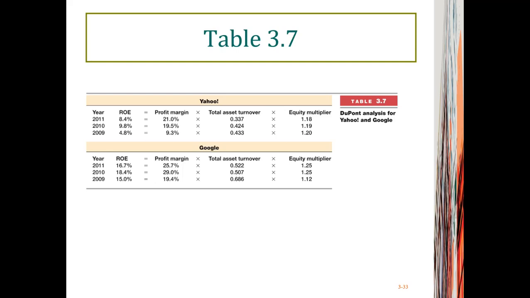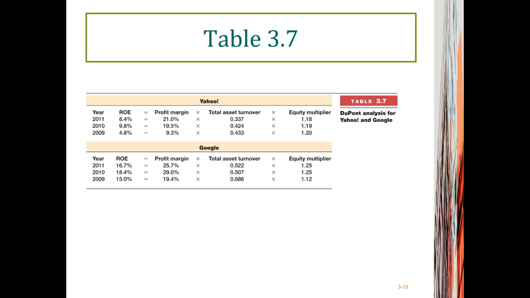So what was going on? In order to understand what was going on, you needed to decompose ROE into three drivers, right? And here you see in year 2009, profit margin was low at 9.3%. Total assets turnover 0.433 and equity multiplier 1.2.